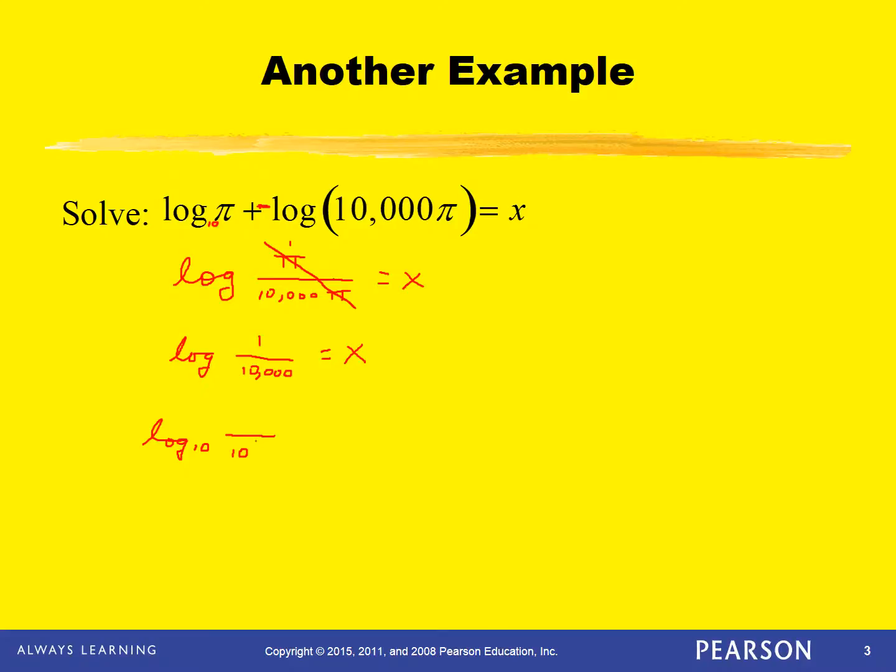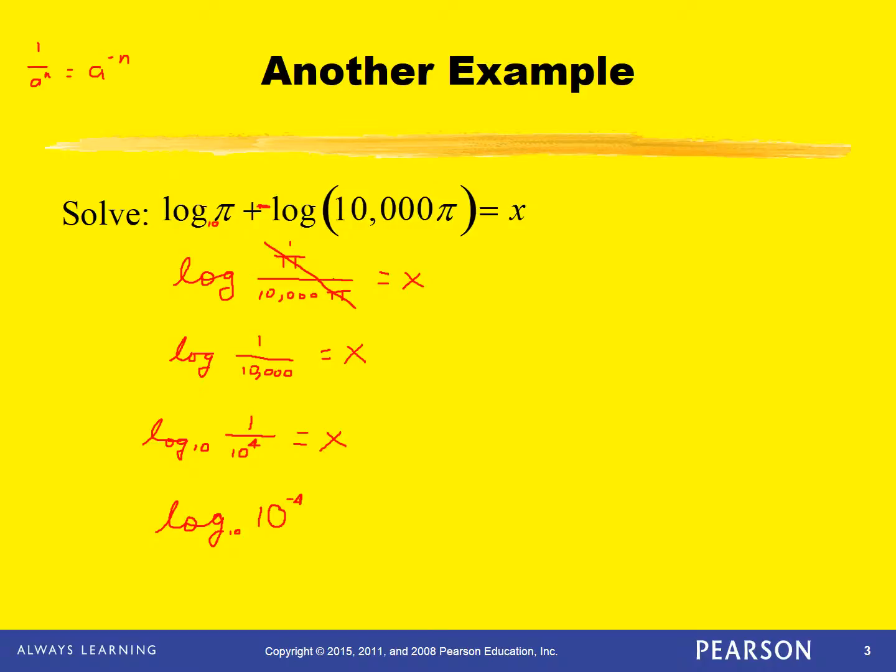So there are 4 zeros after the 1. But because 1 over a to the n is what is meant by a to the negative n, we really have the negative 4th power of 10. So log, base 10, we don't have to keep writing that, but just for clarity's sake I do, of 10 to the negative 4.